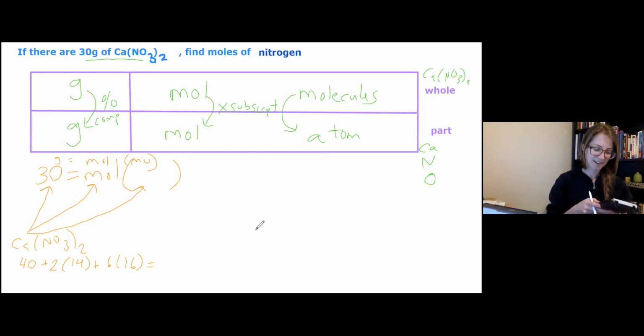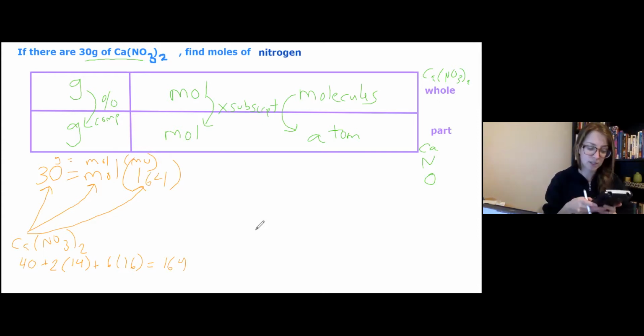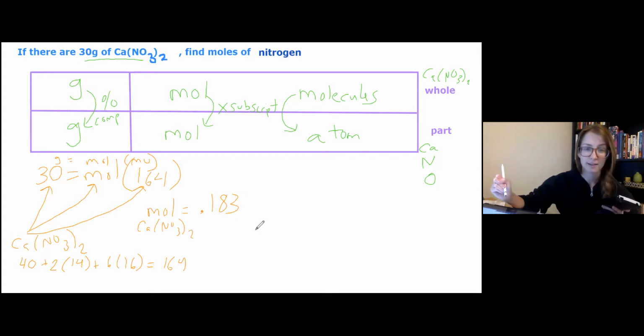I did that wrong in my calculator. I get 164. So when I do 30 divided by 164, I got 0.183. Again, I used grams of calcium nitrate. I used molecular weight of calcium nitrate. So these are the moles of calcium nitrate.